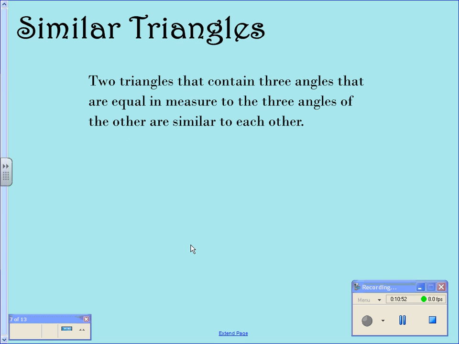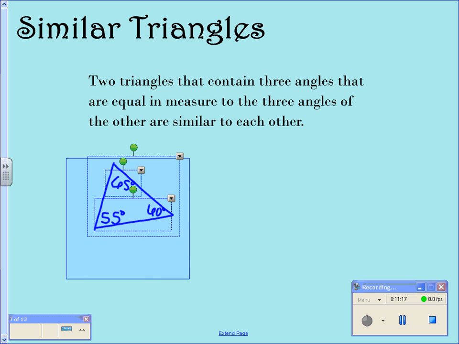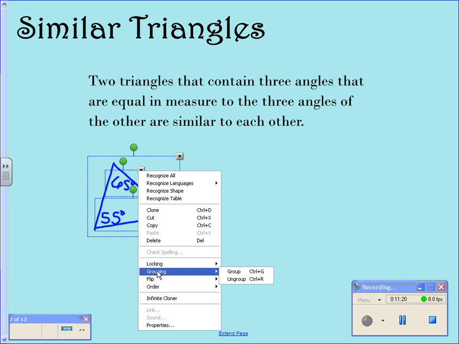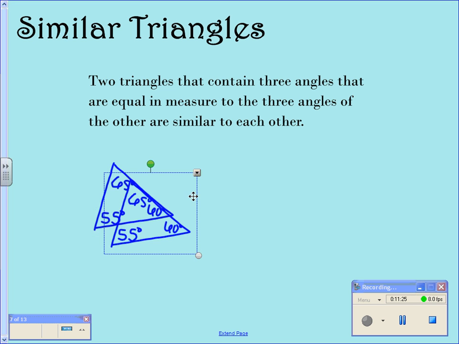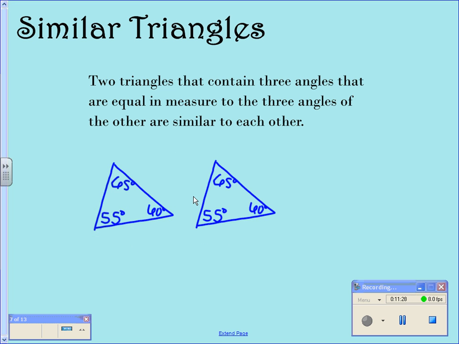Similar triangles. There are two triangles that contain three angles that have equal measures. What kind of triangles are those right now?